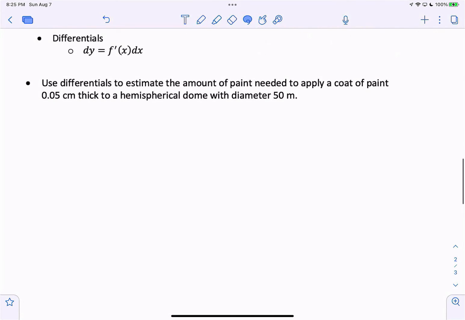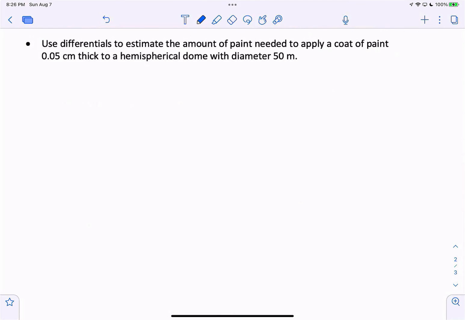Use differentials to estimate the amount of paint needed to apply a coat of paint 5/10 of a centimeter thick to a hemispherical dome with diameter 50 meters. We see that we're dealing with a hemispherical dome. That's half of a sphere. And this isn't obvious, but we're talking about the amount of paint needed.